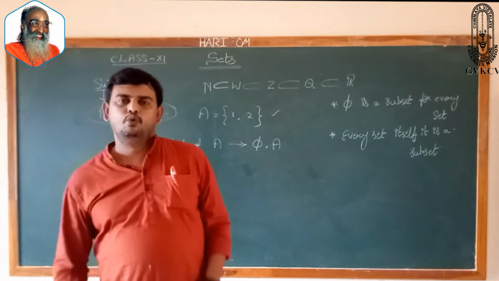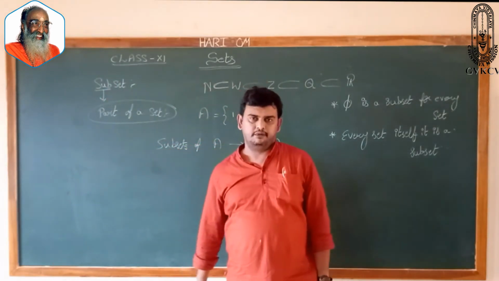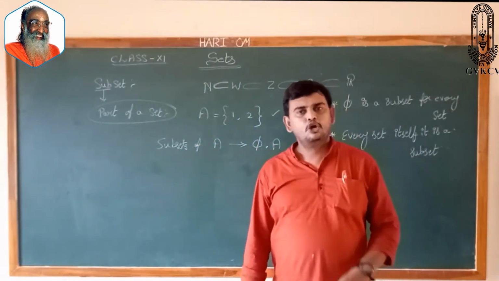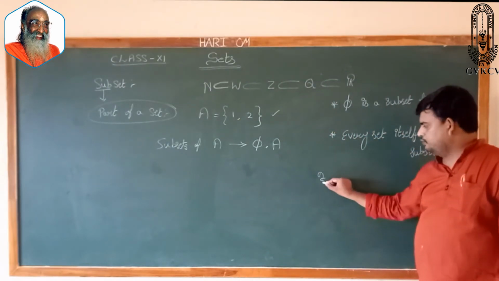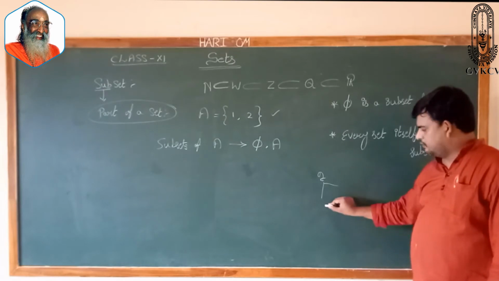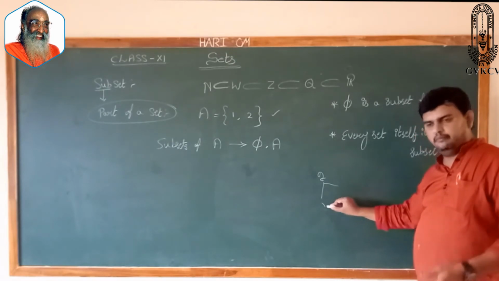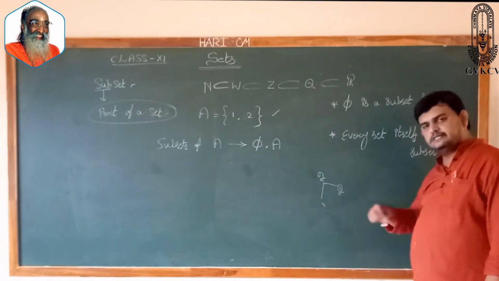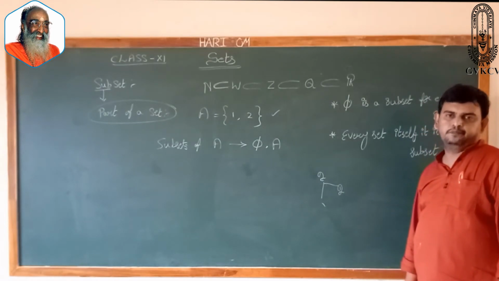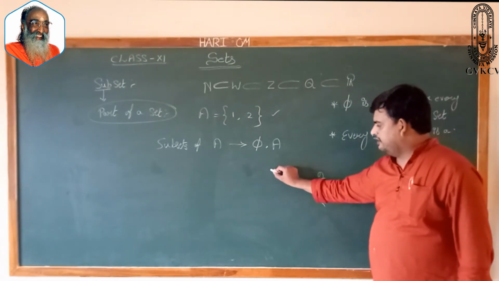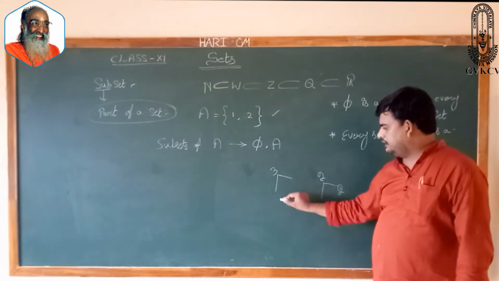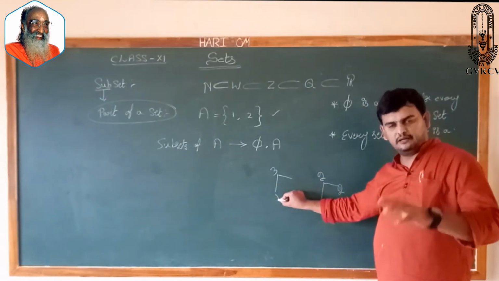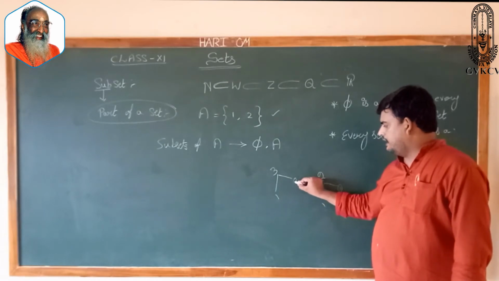Like in numbers, we have prime numbers and composite numbers. When we take 2, for 2 we have two factors. One is a factor for every number, and the number itself is a factor. Similarly, when we take 3, for 3 also we have two factors: one, and the number itself.